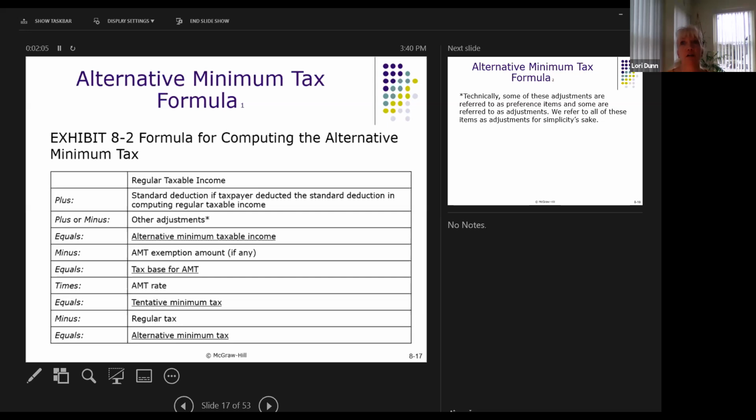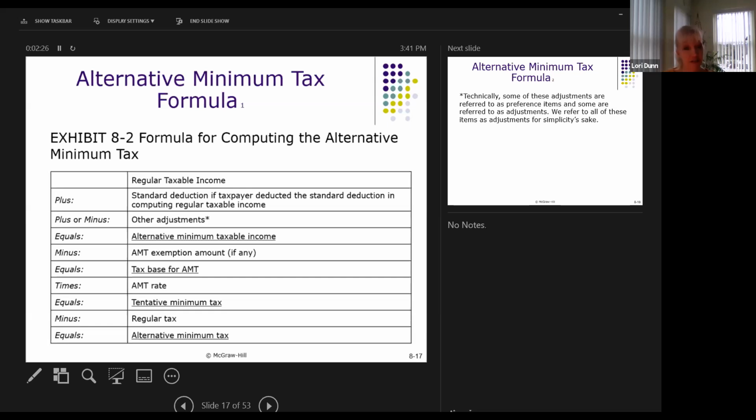And I went, oh my God, this was hard enough. Now you want me to learn a whole new parallel system? I don't like thinking of it as a parallel system. It's just an extra computation. You still do a person's tax return as you always do.